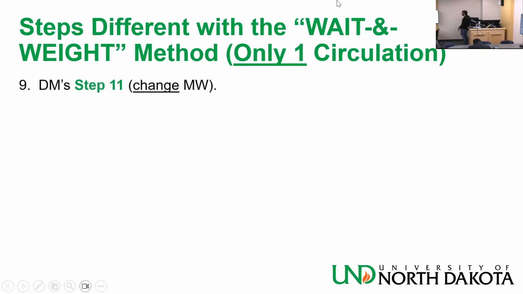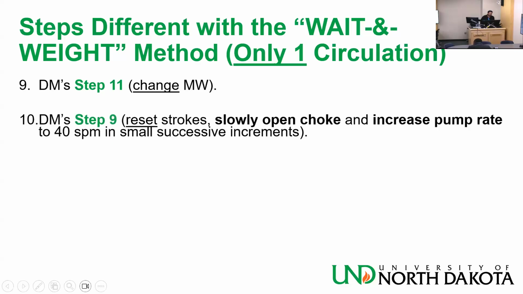Now the difference would be: step 9 of the process would be DM's step 11, changing the mud weight. Enable new mud weight, choose the color, set that step. Step number 10 is DM's step number 9.